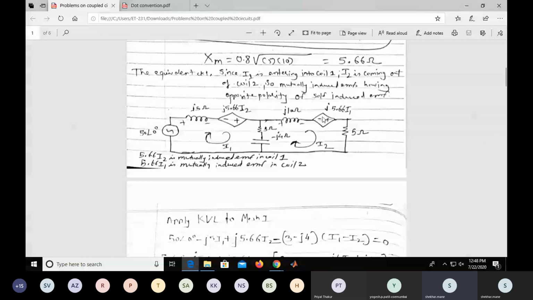The mutually induced EMF is J into 5.66 I1, because of I1, the mutually induced EMF in coil 2, and this is the mutually induced EMF in coil 1 because of current I2. Since I1 is entering into the dot and I2 is coming out of the dot, that's why the polarities are different. Have you understood this part?